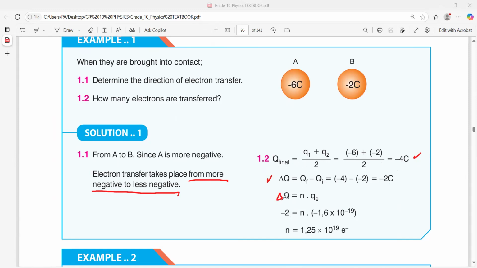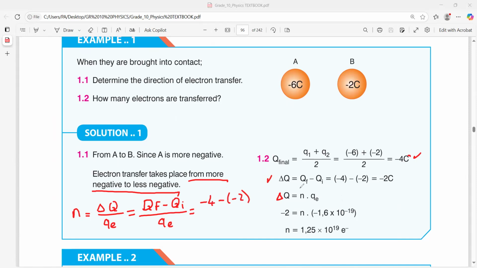So you can write delta Q, or you can leave it with this formula. If you want, you can use this formula straight. From Q equals N times Qe, you can write N equals delta Q over Qe. For delta Q, we can write Q final minus Q initial over Qe. Your Q final is, as you see, negative 4. Negative 4 minus negative 2.